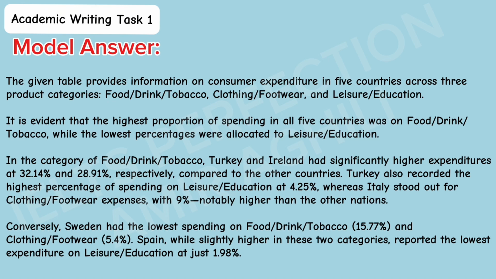Conversely, Sweden had the lowest spending on food, drink, tobacco, 15.77%, and clothing, footwear, 5.4%. Spain, while slightly higher in these two categories, reported the lowest expenditure on leisure education at just 1.98%.